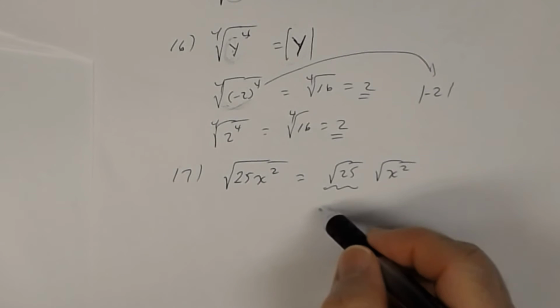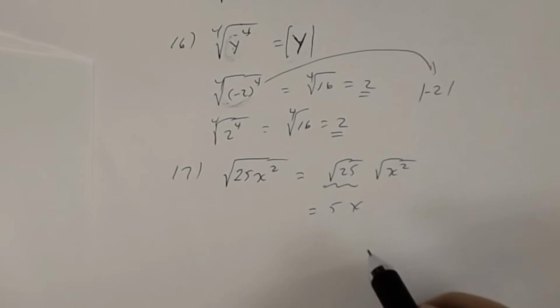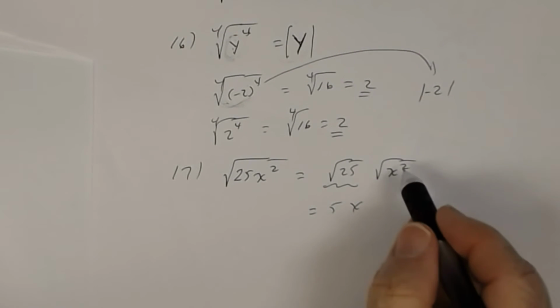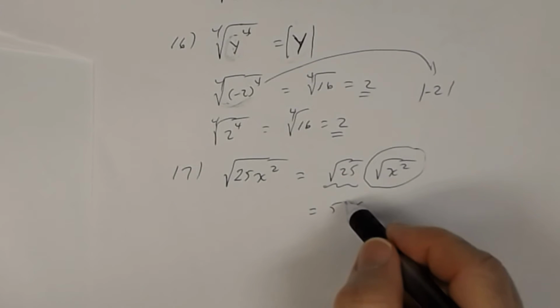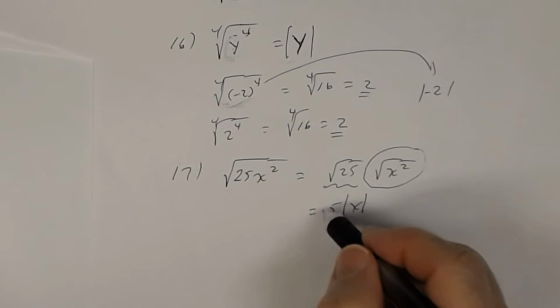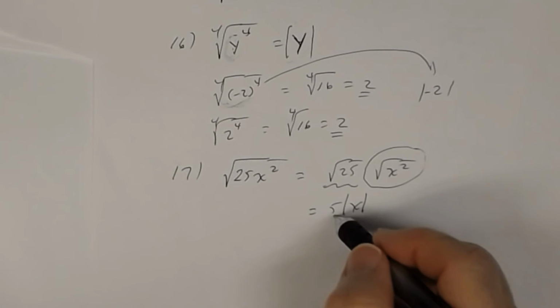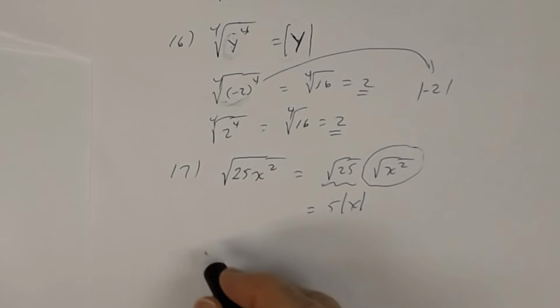And we know that the square root of 25 is 5, and we know that the square root of x squared is x. But here's the question, is that the answer? Be careful. See, this is even, so you need absolute value here. Don't put 5 in absolute value bars, because it's positive already. Square root of 25 is 5. You got to put the x in absolute value bars, so you got to be careful.